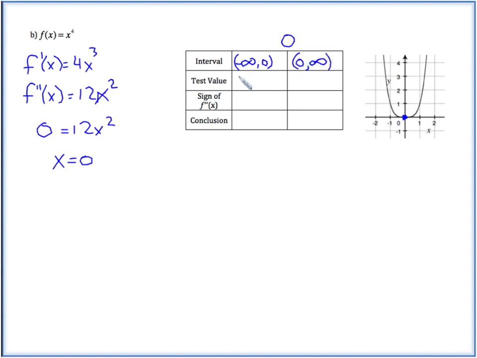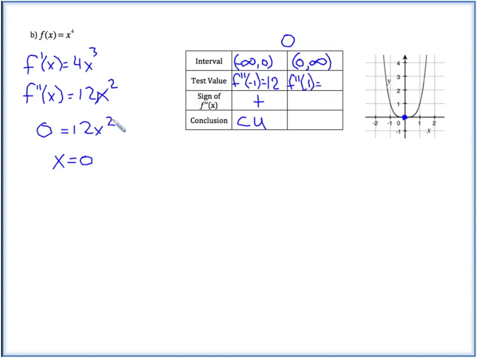Here we can just try -1, so f double prime of -1. That becomes +1, times 12 is 12, which is positive, meaning this is concave up. Then let's try f double prime of 1.